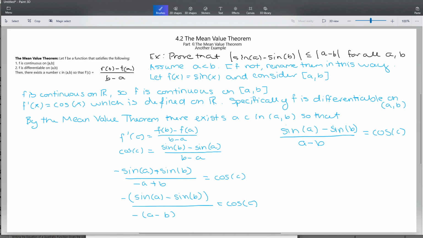Now I need a fact about absolute values that we're going to describe right here. If x and y are equal, then it's true that their absolute values are also equal.